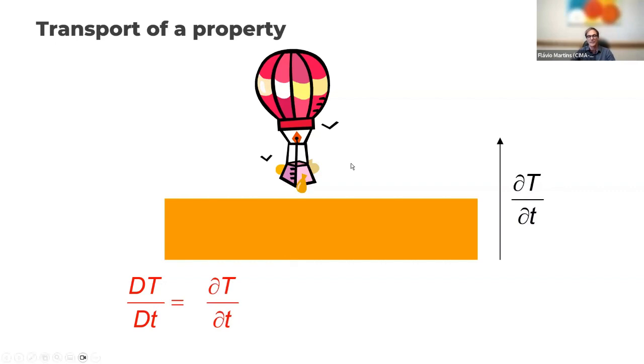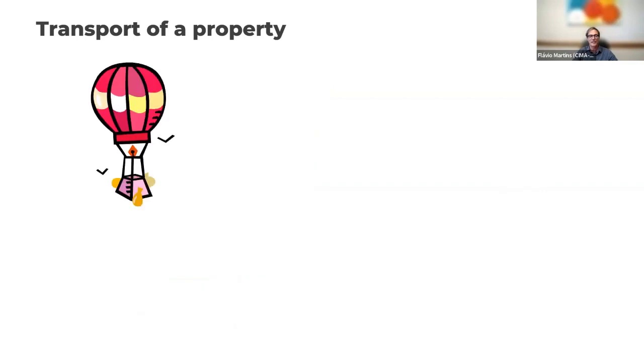The environment increases the temperature in time, the person in the balloon is static, so the increase that the person measures is the increase of the temperature in the environment. Okay, so it is pretty obvious.